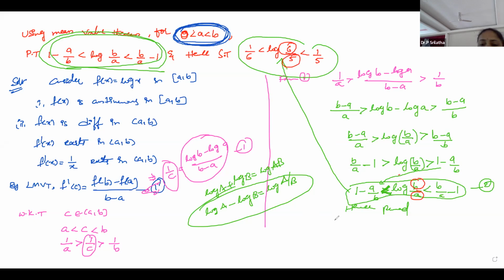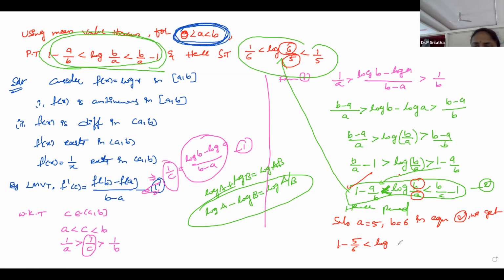So now substitute a equal to 5 and b equal to 6 in equation 2. So we get 1 minus 5 by 6 is less than log of, what is the b value?